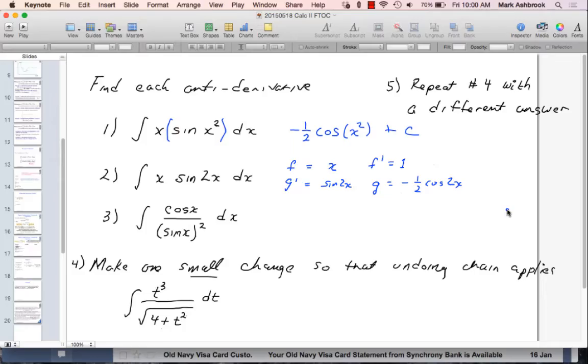Okay, and now we know that our answer is going to equal f times g minus the integral of f prime g.